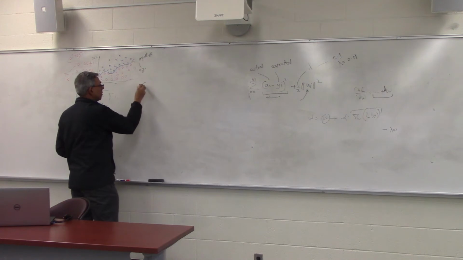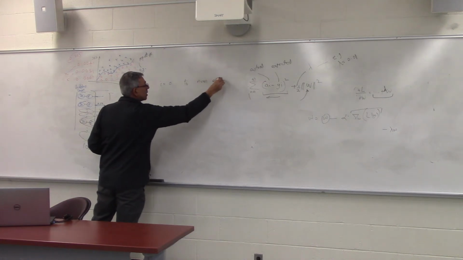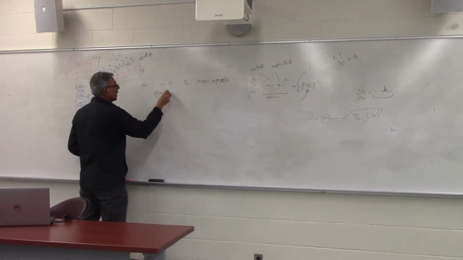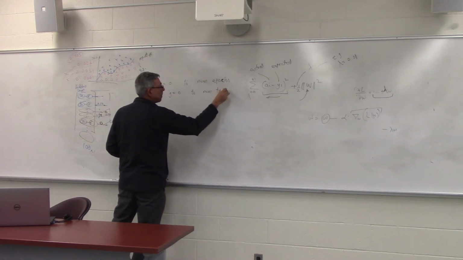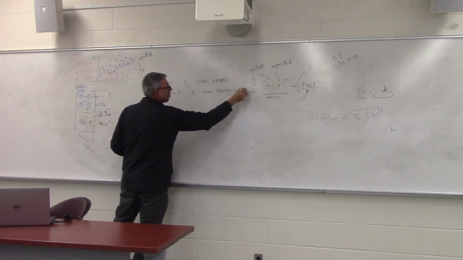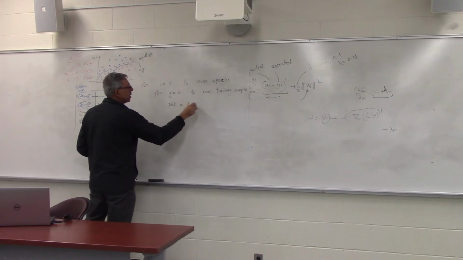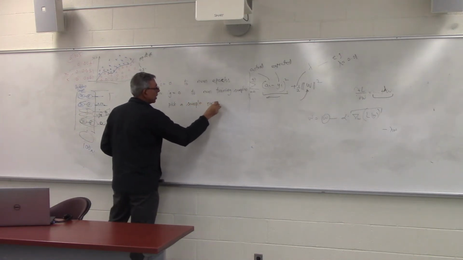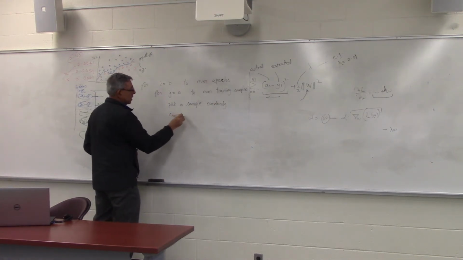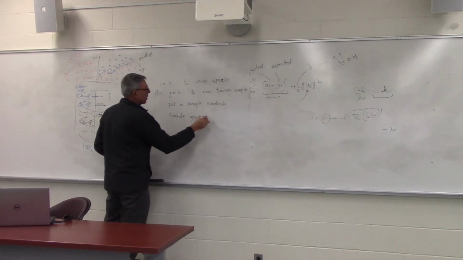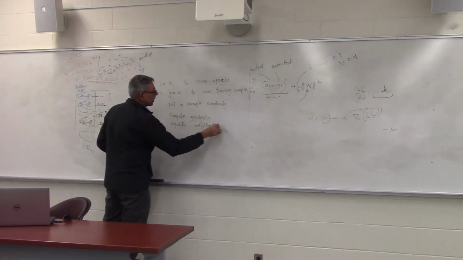For i equal to 0 to number of epochs, for j equal to 0 to number of training samples, pick a sample randomly, then compute gradients and update weights and biases.